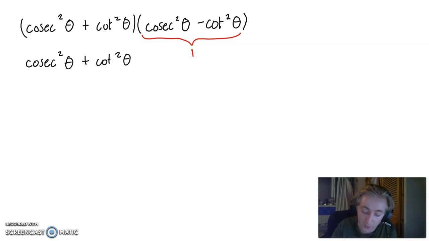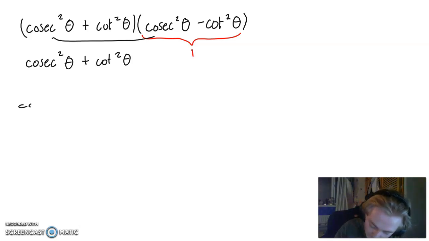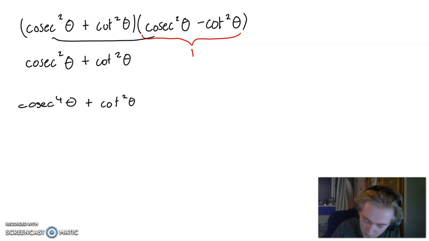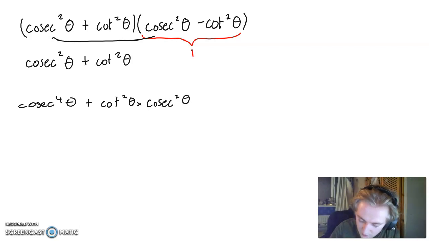If we're not sure about this difference of two squares, we can always just multiply it back out. So we've got cosec to the 4 theta, we have add cot squared theta times by cosec squared theta.